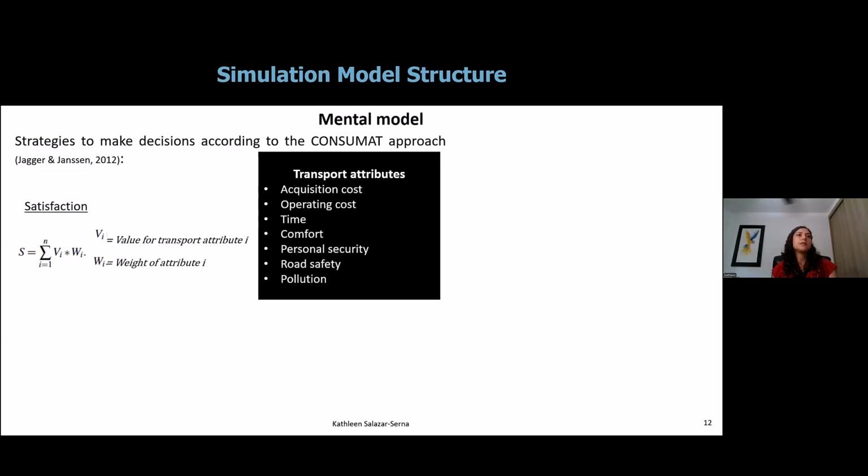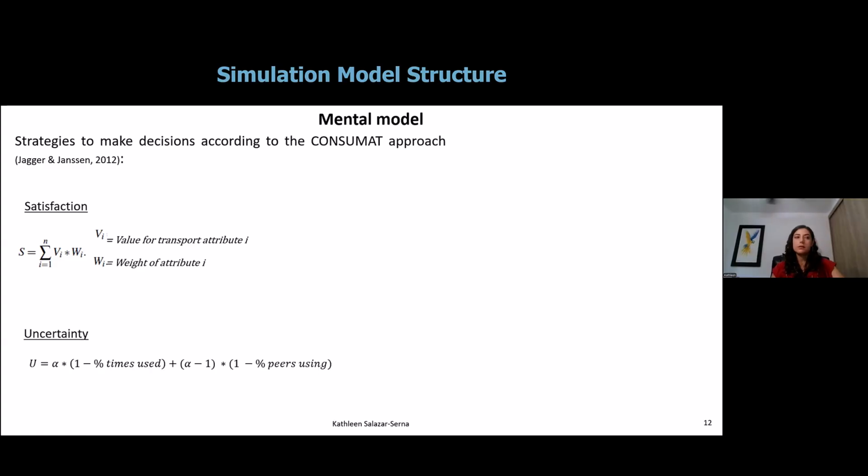This satisfaction in this case is a function of these attributes or transport variables that we are considering in the calculation, and also people evaluate uncertainty regarding the other alternatives. In this case, we are defining uncertainty like the information they have.